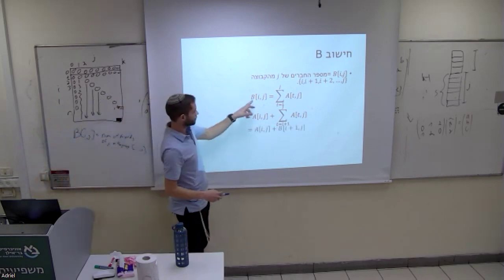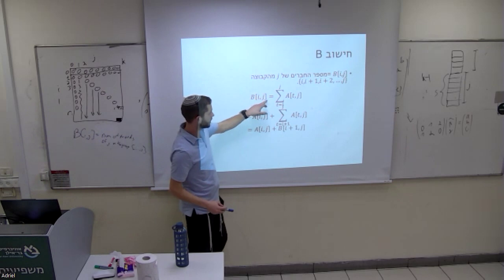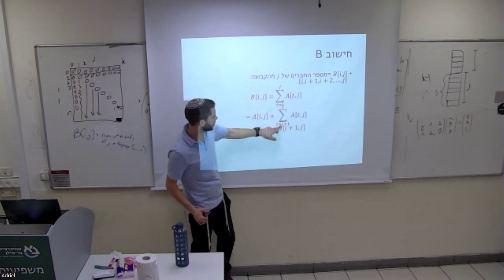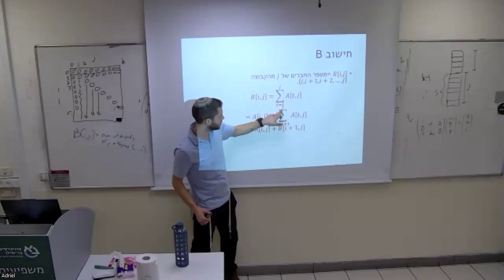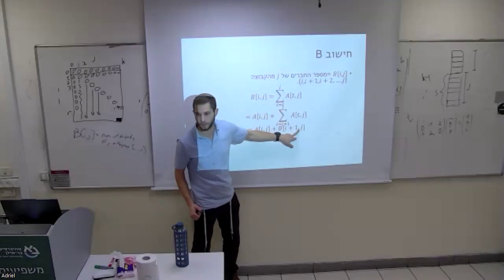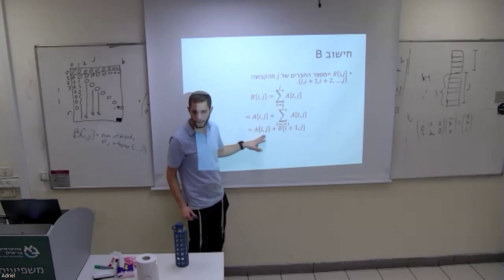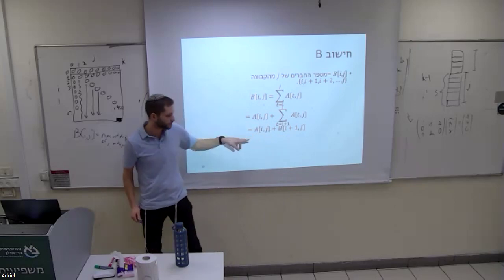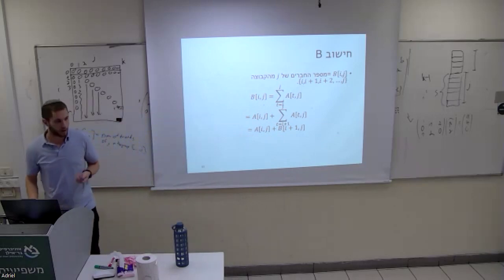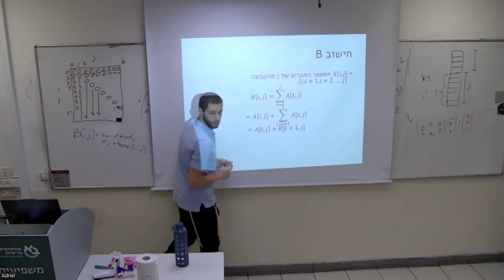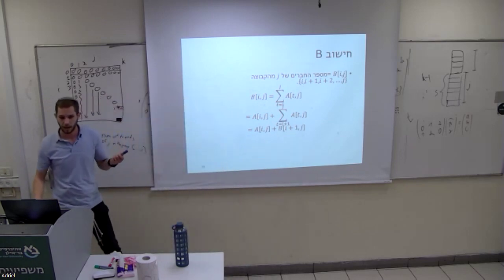By definition, Bij is equal to that sum from i to j, so from i plus 1 until j is basically B of i plus 1, j. Now we have just Aij, which we can look up in O of 1, add it to the previous cell, and then we can calculate each cell in O of 1.